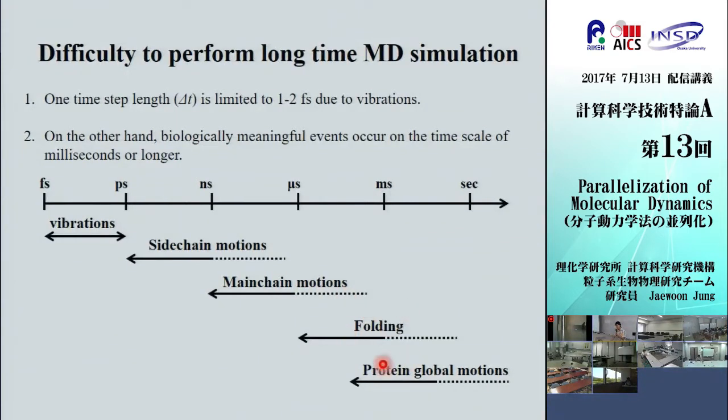You can find protein folding phenomena from microsecond to millisecond level. And protein global motion will occur at the millisecond level. So you need to calculate energy and forces very frequently. And that's why we need to parallelize the MD program.